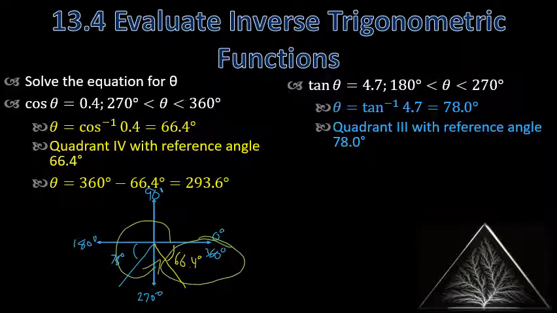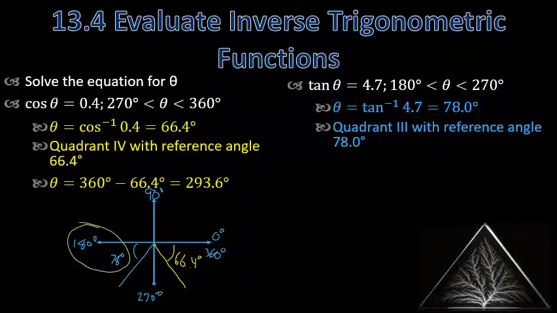So using the 180 and the 78, should I add or subtract? Are my angles getting bigger or smaller? Bigger. So I need to add those together, and you get 258.0 degrees.